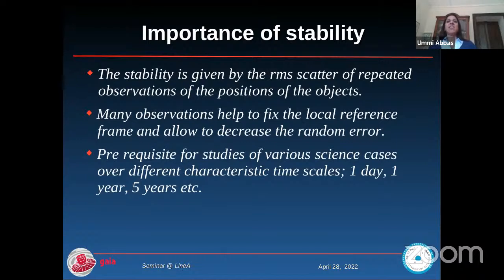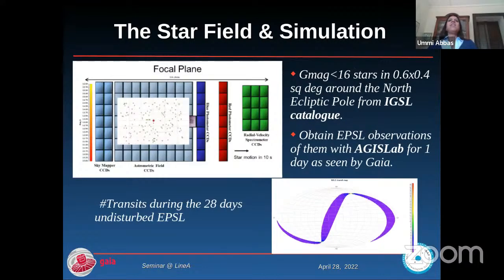And this is essentially a prerequisite when you study different science cases on different time scales, be it 1 day or even several years. So in this case, just an example of a star field that we looked at when we were looking at the stability of the reference frame.